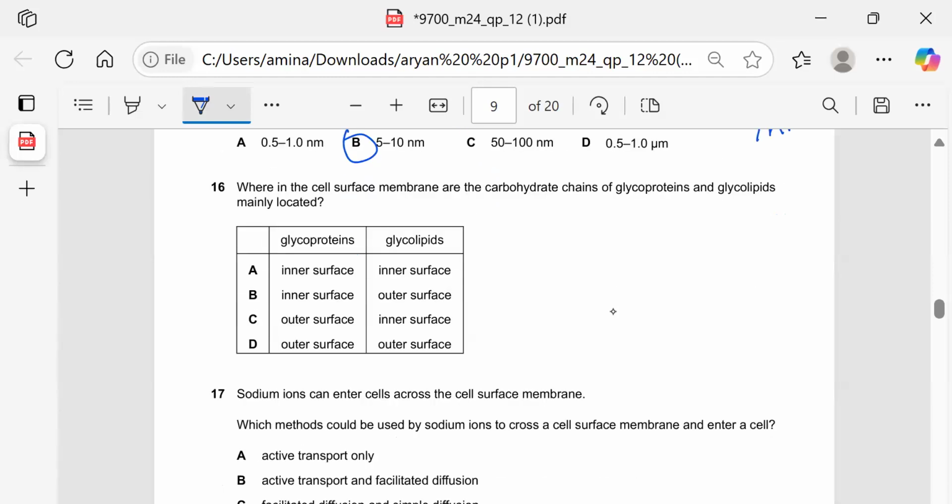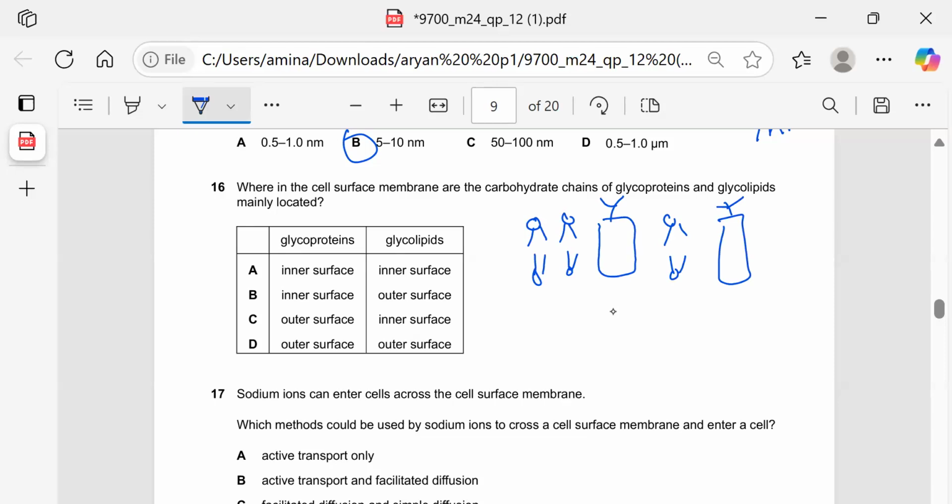The next question they're asking is where in the cell surface membrane are the carbohydrate chains of glycoproteins and glycolipids mainly located? So I'm drawing a phospholipid bilayer. This is how your membrane looks, and here is the glycoprotein or glycolipid. When I look at these proteins, I can see that we always make the chain on the outer side.